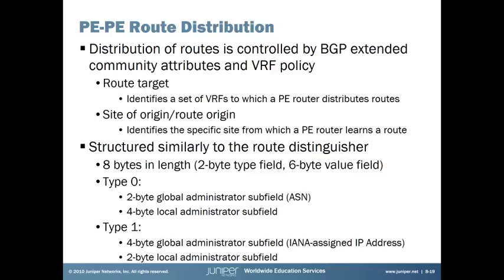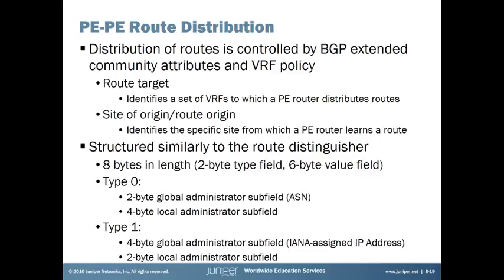That is our primary mechanism, making sure that we can identify which routes belong to which customer and make sure they are imported into only that customer's virtual or VPN routing and forwarding table, VRFs. We can also add, if we decide to, site of origin information. So the route target is always used, and the site of origin may be used if the circumstances require it.